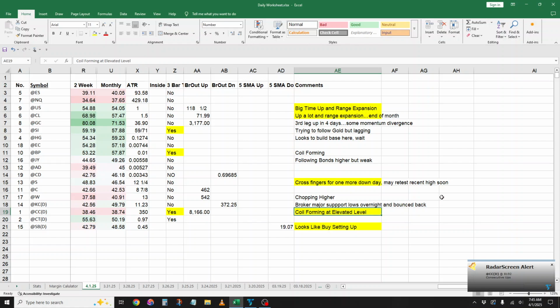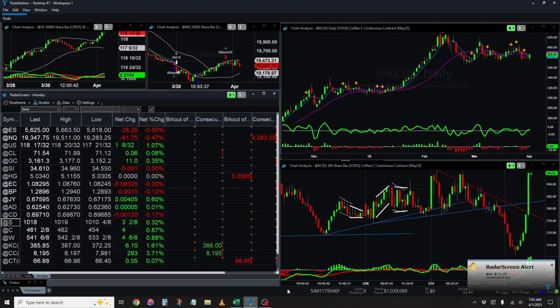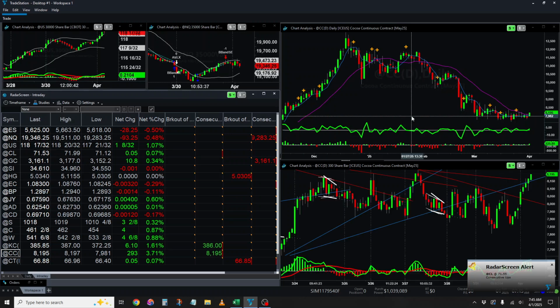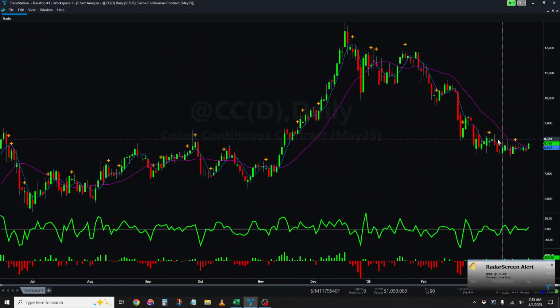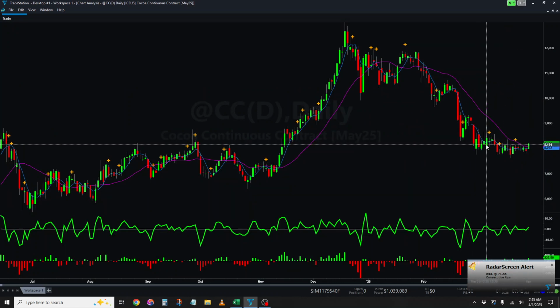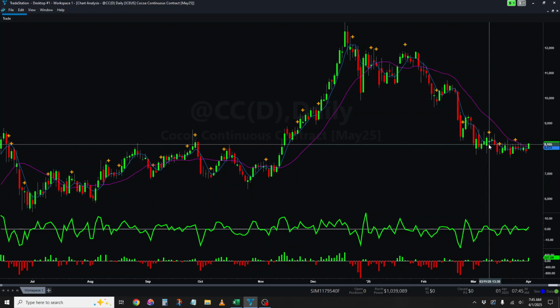The cocoa market has been moving sideways for a long time, and normally these commodities, when they're at depressed levels or levels near the cost of production, I just don't even watch them. But these are at very elevated levels. Historically, cocoa's trading at $4,000 a ton. It's at $8,000 a ton.